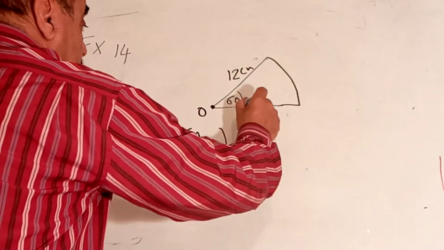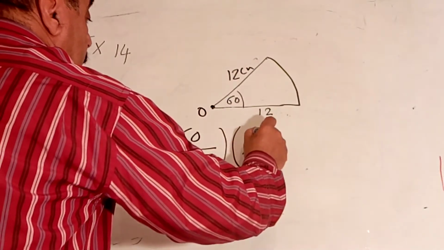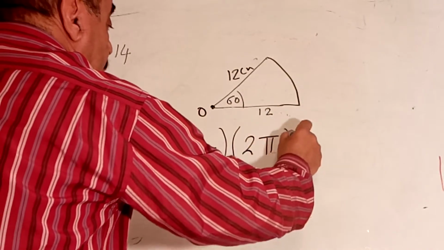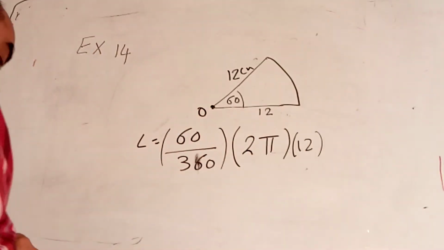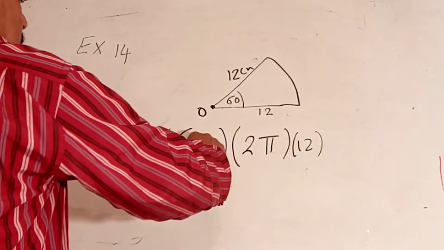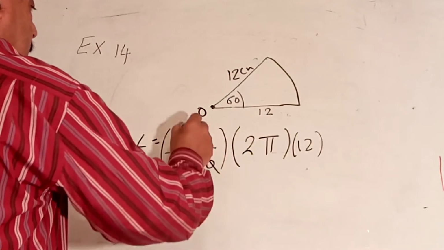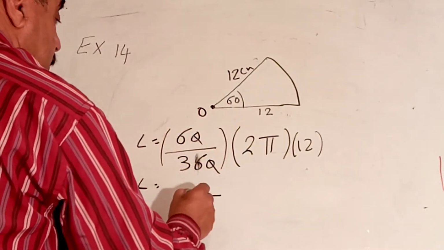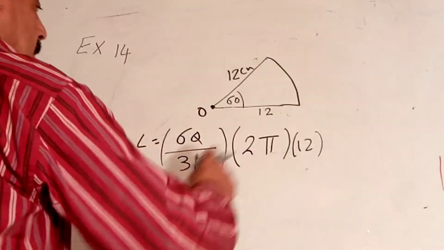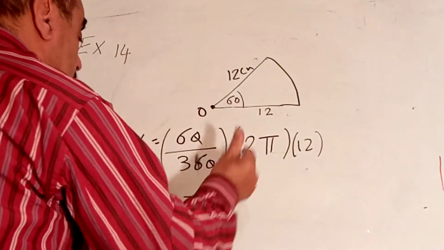This is 12 centimeters, so it will be multiplied by 2 pi, and r is 12. This will be equal to 1 over 6 multiplied by 24, 2 multiplied by 12 is 24, 24 by 6.